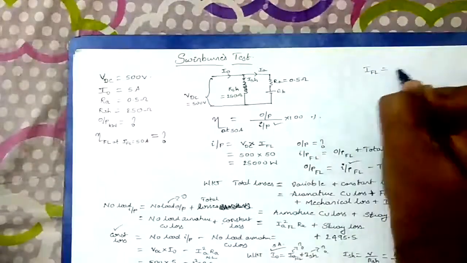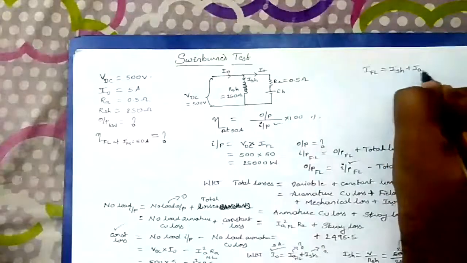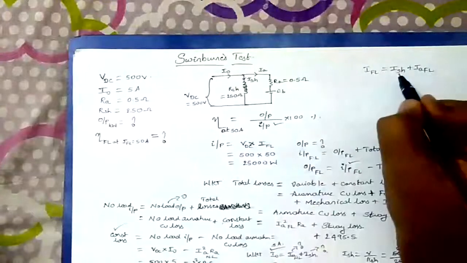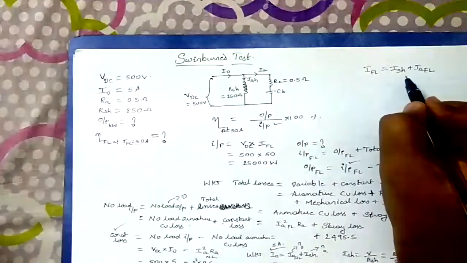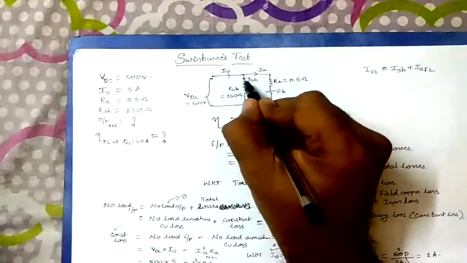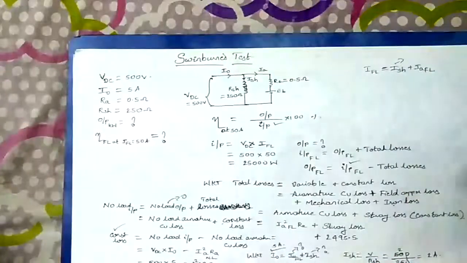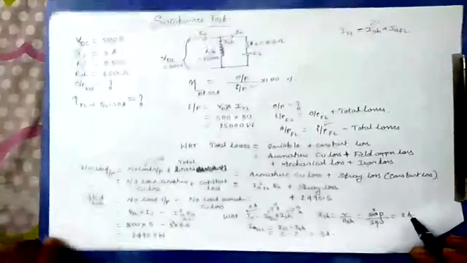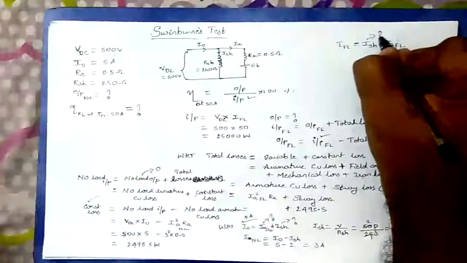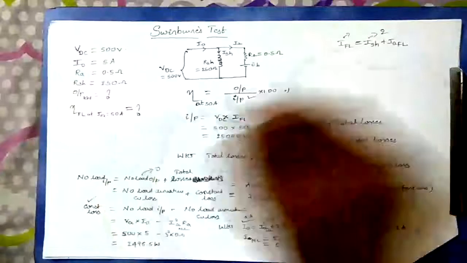I shall take help of the formula here. IFL equal to ISH plus IAFL. We know that ISH always remains constant irrespective of the load we connect, unless we connect a rheostat and vary the ISH. We have previously calculated ISH as 2 ampere, so I substitute 2 ampere here. IFL is given as 50 ampere.